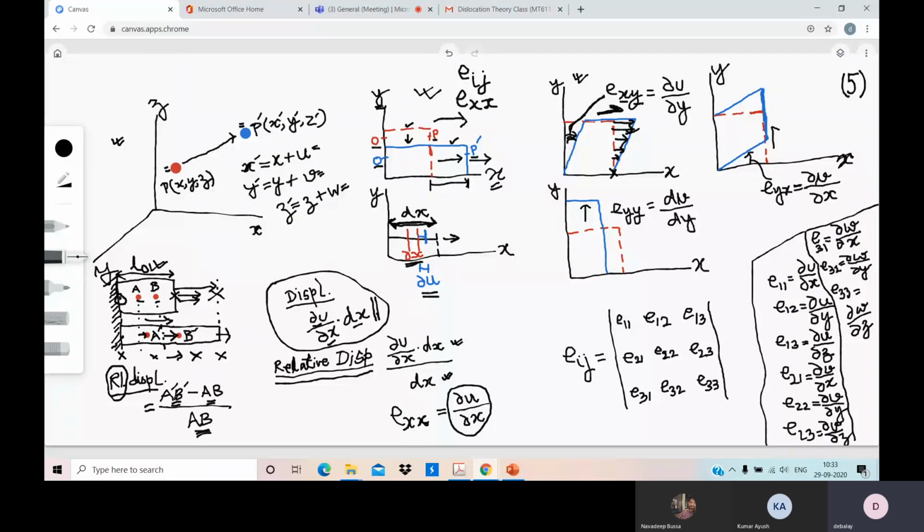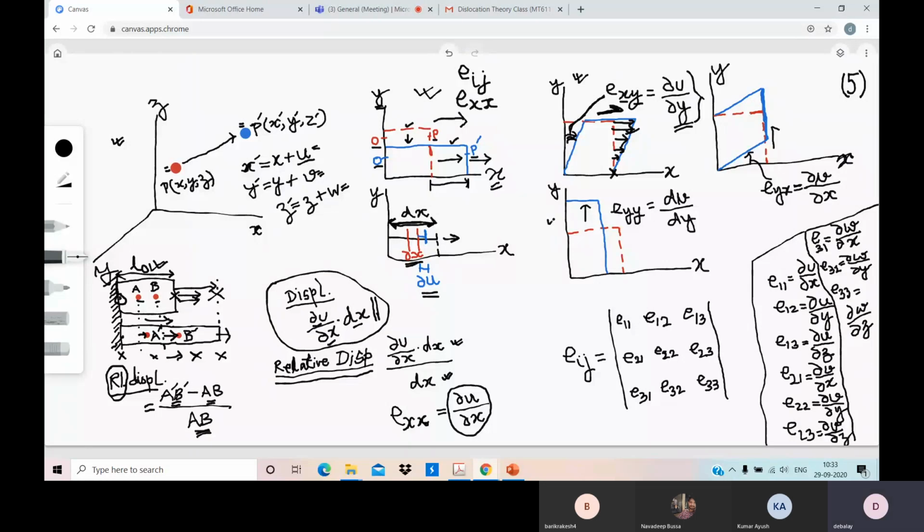The displacement is proportional to which direction? That is y. And we will write this in the form of del u del y, because displacement along x, we know that we write it as u, and since it is proportional to y, so this component I will write it as del u del y.